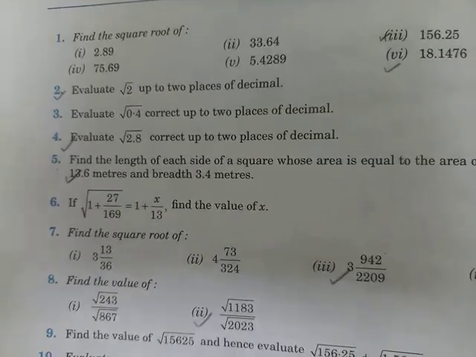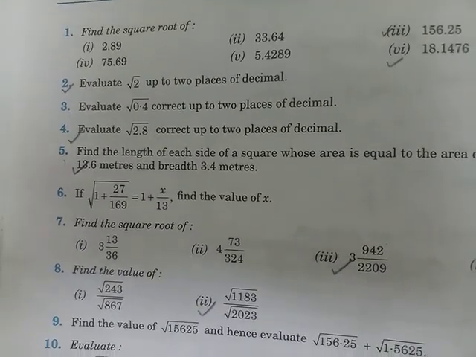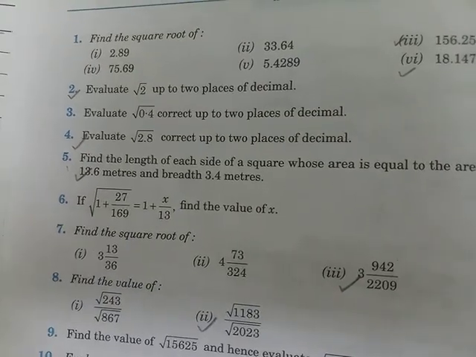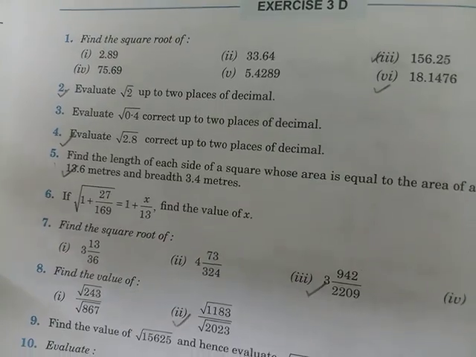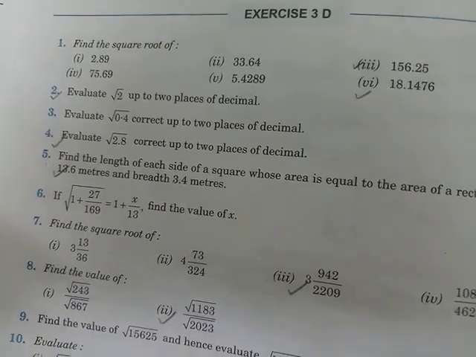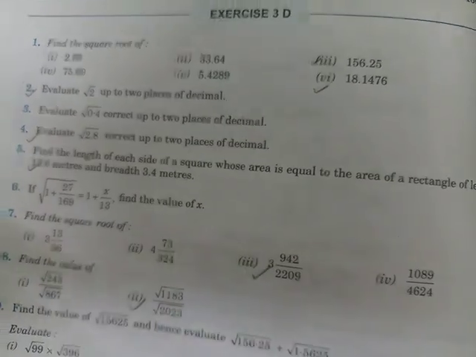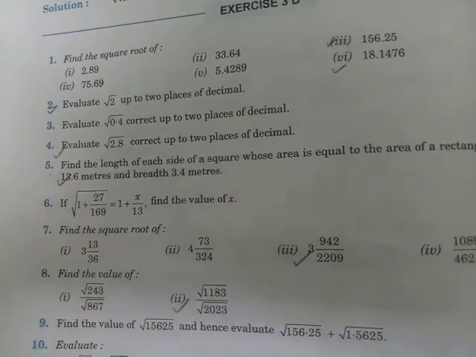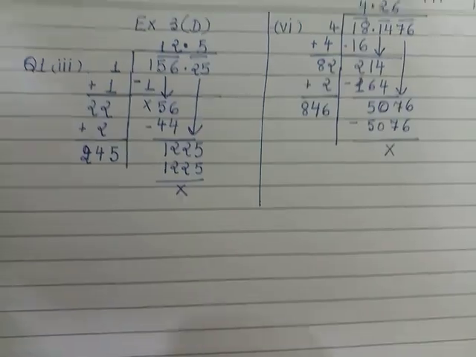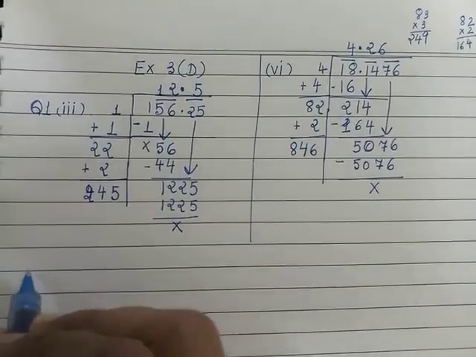Question number 2, they are saying evaluate square root of 2 up to 2 decimal places. The moment they said we are looking up to 2 decimal places, so we'll find the value up to 3 decimal places and we'll round off up to 2. Question number 2 we start with now.